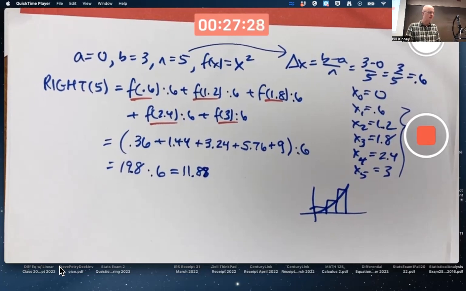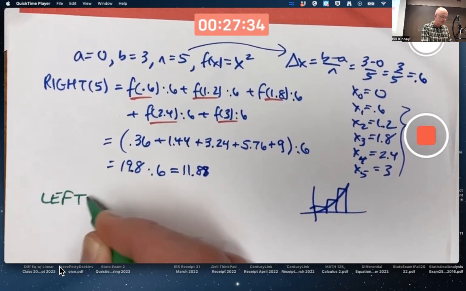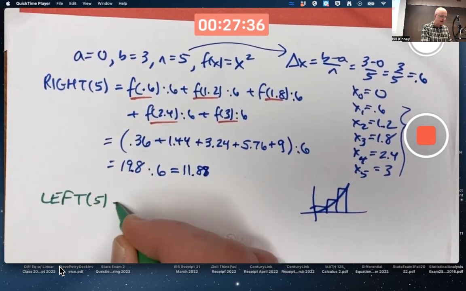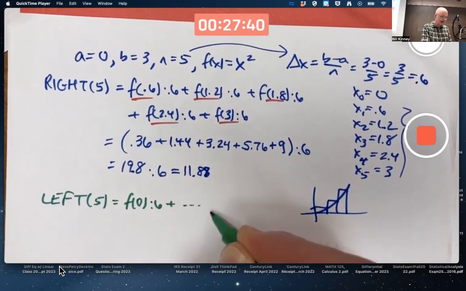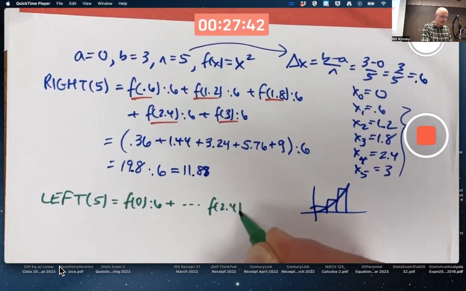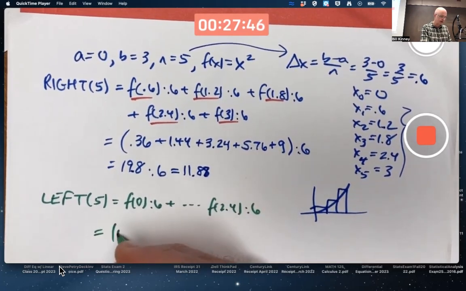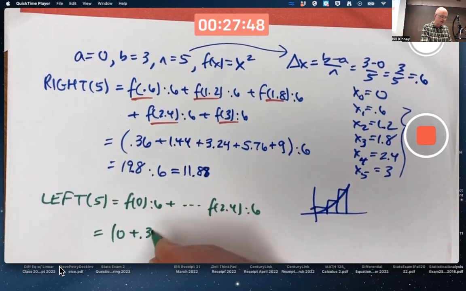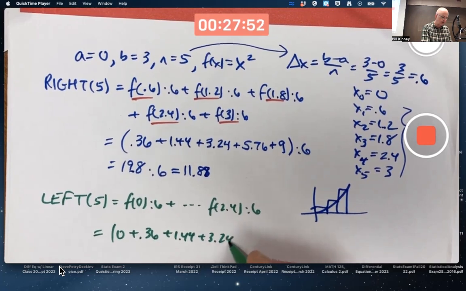In fact, the left-hand rule with n equal to 5 would be the exact same summation, except we would start at f of 0 times 0.6 and end at f of 2.4 times 0.6. 0 squared is 0, so we would get 0 plus 0.36 plus 1.44 plus 3.24 plus 5.76.